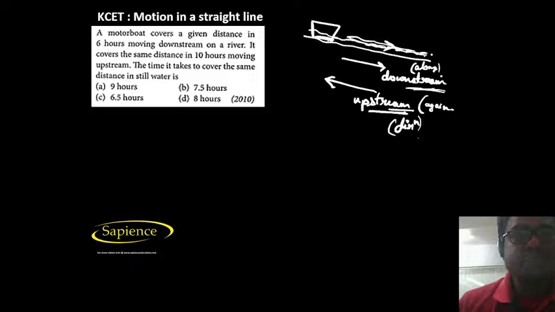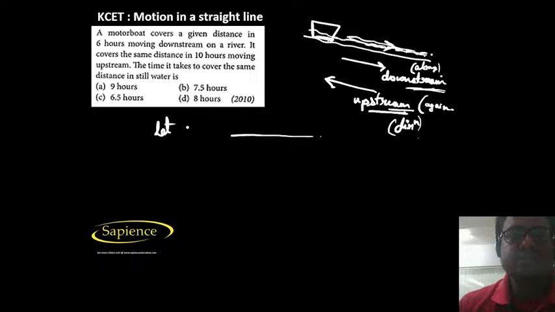So we need the time it takes to cover the same distance in still water. When the river is not flowing, that is still water, and the boat will have some speed in still water.